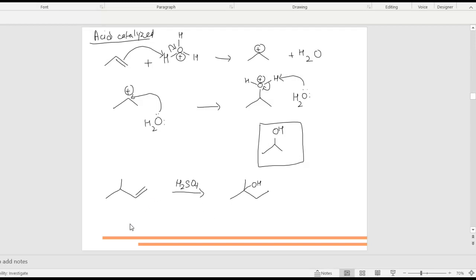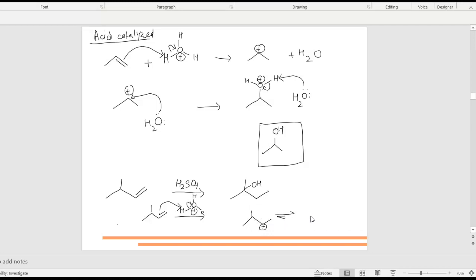Okay, so if you recall, we will do a similar mechanism, where you have your alkene attack the electrophile. Here again, the H3O plus is from the acid. So you attack here, put the electrons over here. Now you get a positive charge carbocation formed here. But remember, we have a rearrangement happening, right? Because there is a more stable carbocation.